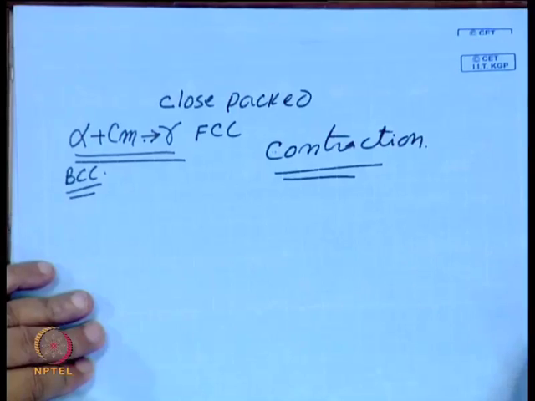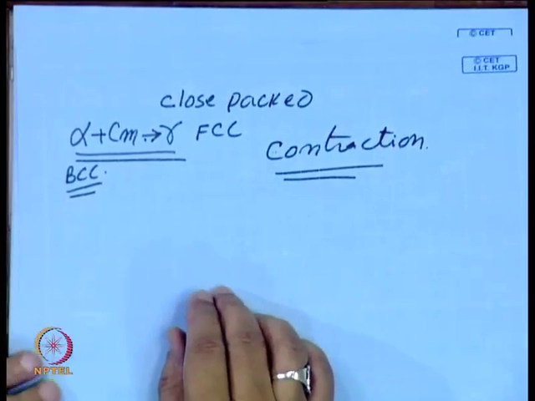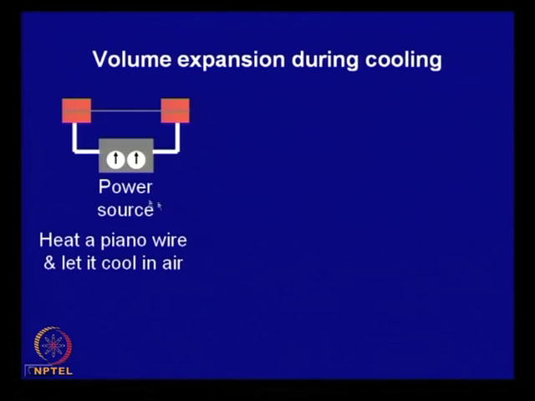So, a very simple experiment one can set up is by heating a piano wire, which is shown over here. These are some copper connectors. Here you can tie a piano wire and try to heat this from a power source, like that you use for welding.